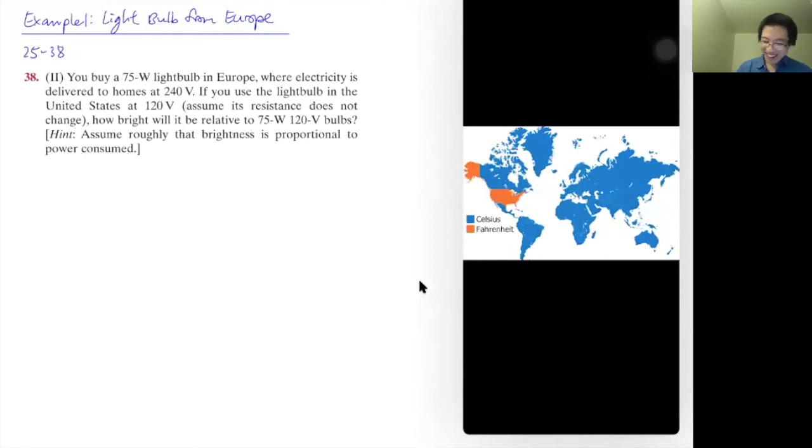All right, so if you buy a light bulb there and you try to plug it into a United States plug, what will happen? Will the brightness change? How do we analyze what will happen to the brightness? First of all, understand that brightness is proportional to the power consumed. This is easy to understand because brightness should be proportional to how much energy output the bulb has.